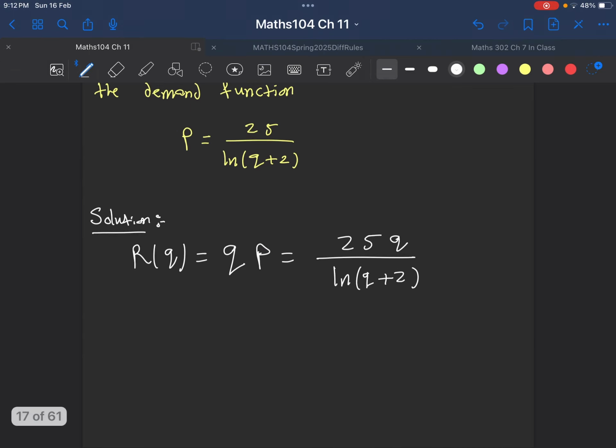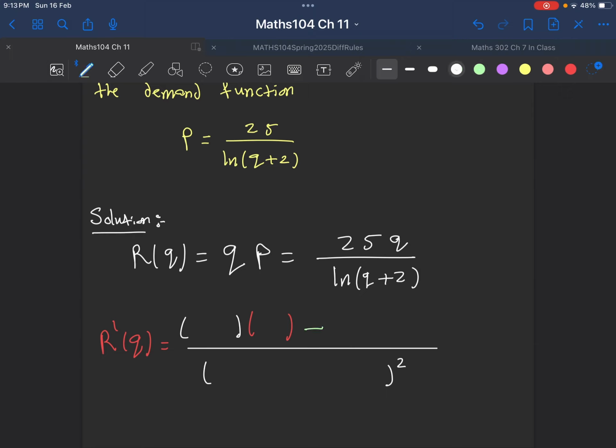How do we find such a derivative? You are right, we need to use the quotient rule. If you remember the quotient rule, it says take the denominator, and then the denominator times the derivative of the numerator, and then minus, just let me do it step by step. So we take the denominator and we square it. We take the denominator and we just write it down there.